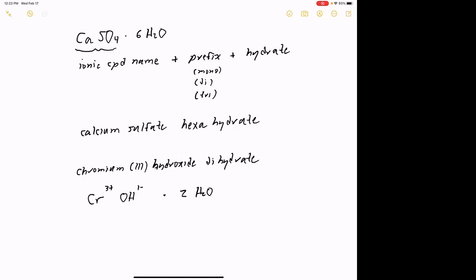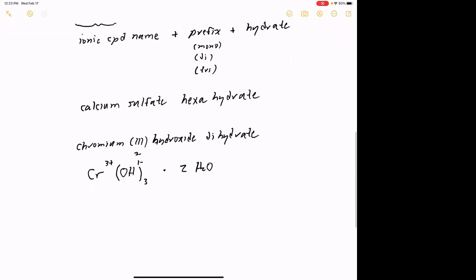Good. To get a 3 minus there, remember I have to take the polyatomic ion, put it in parentheses, and put the 3 downstairs. If I wanted to get rid of all those charges, which you don't have to have in there, basically what I would have is Cr(OH)3 times 2 H2Os to account for my hydrate.